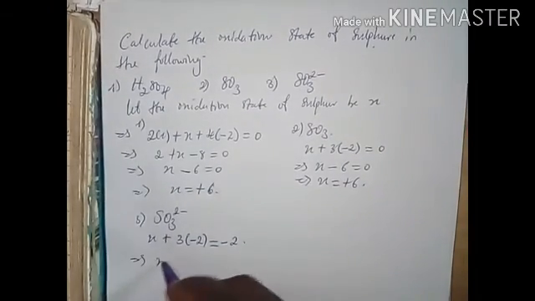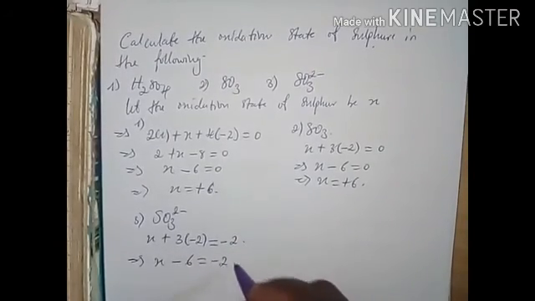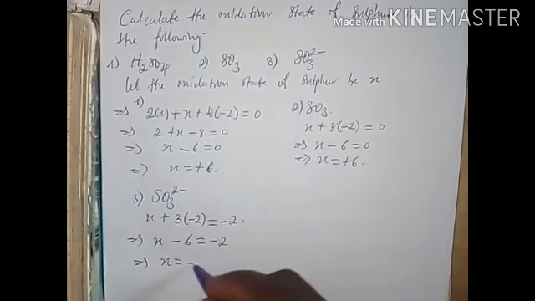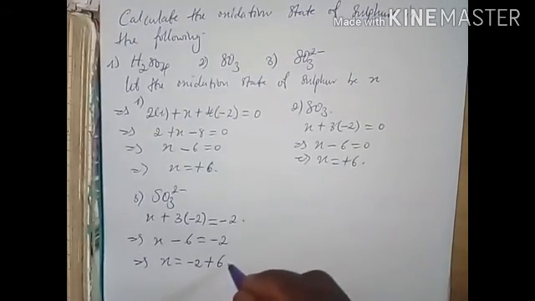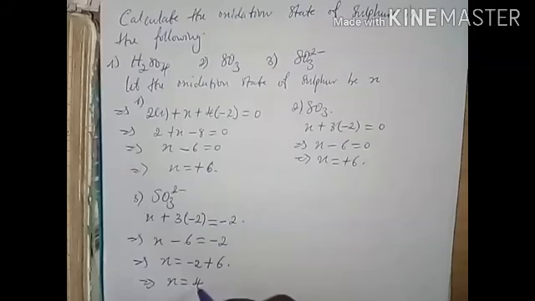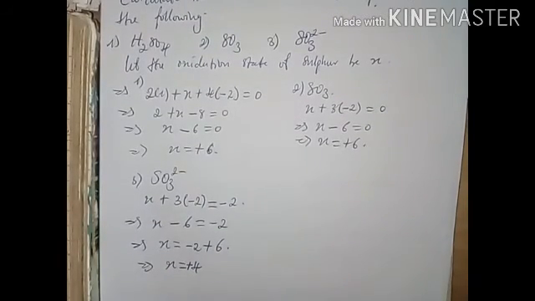This will imply that X minus 6 should be equal to minus 2. From here we imply that X should be equal to minus 2 plus 6. We imply that X should be equal to plus 4, since 6 minus 2 is equal to plus 4.